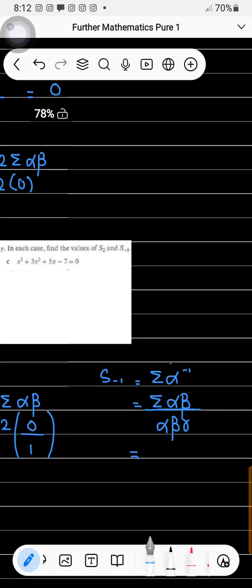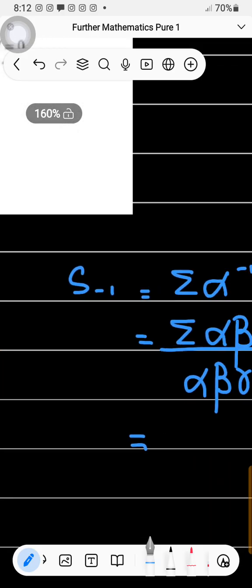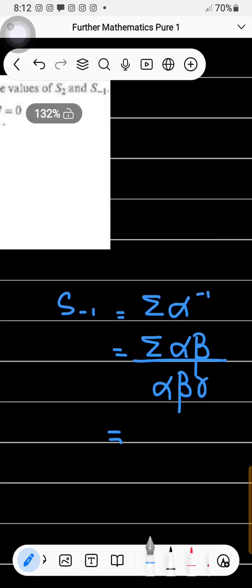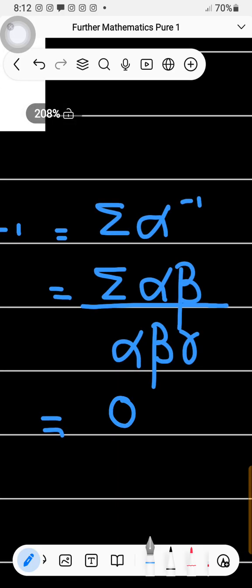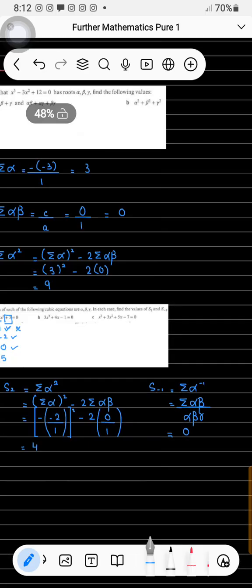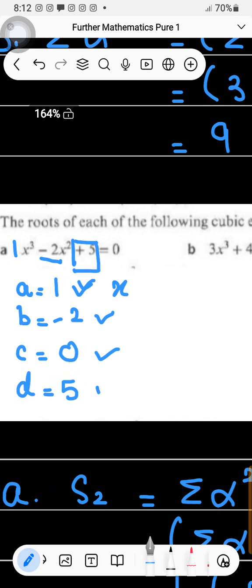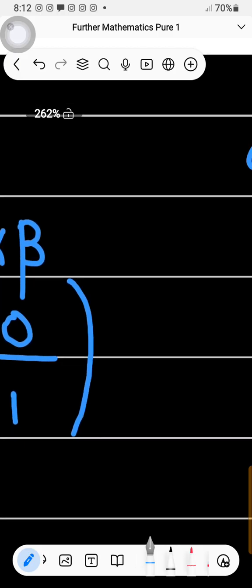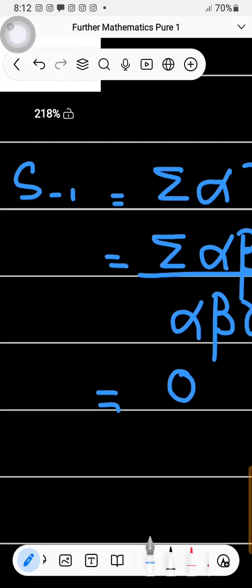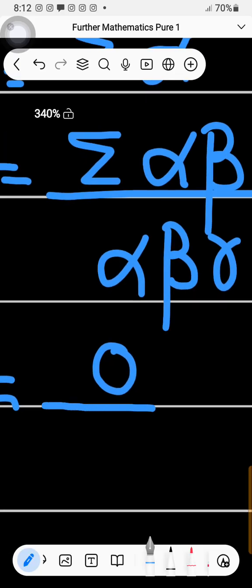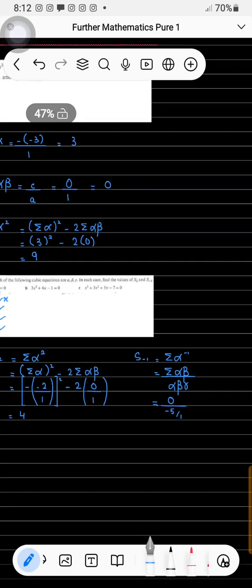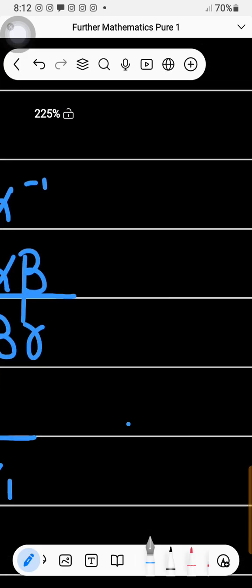We got that sum of alpha beta is 0 upon 1. So we will write 0, and alpha beta gamma is negative d upon a. Negative d is negative 5 and a is 1, so we will write negative 5 upon 1, so it becomes 0.